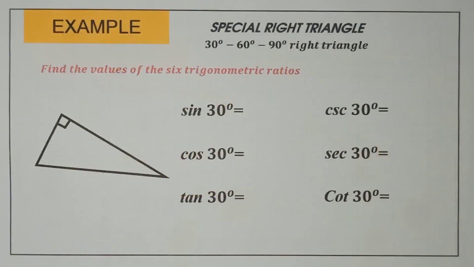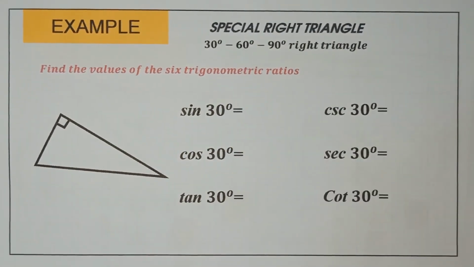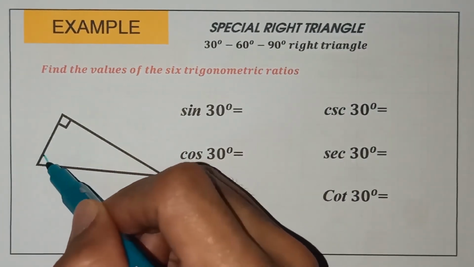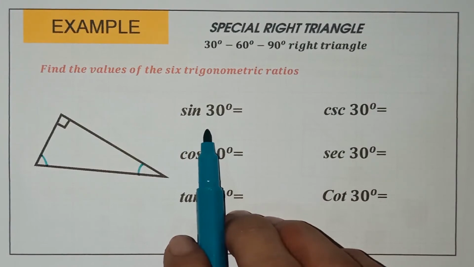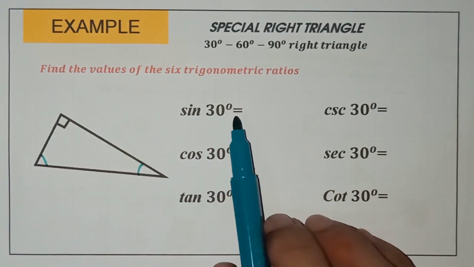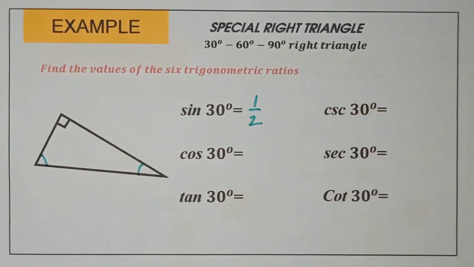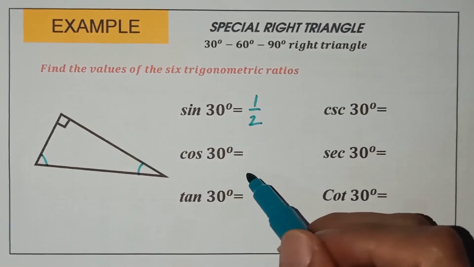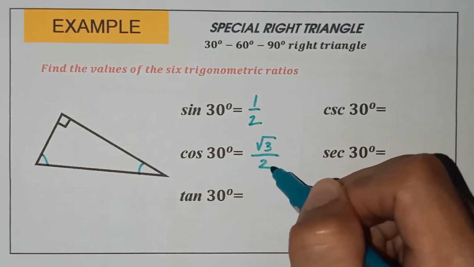And this is the summary of our lesson. Always remember that since we are under special right triangle, whenever we get the sine 30 degrees under 30, 60, 90, it is always equal to 1/2. Cosine 30 degrees is always equal to square root of 3 over 2.